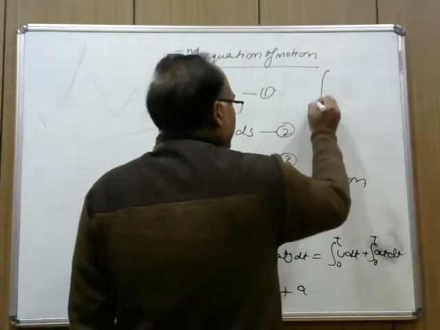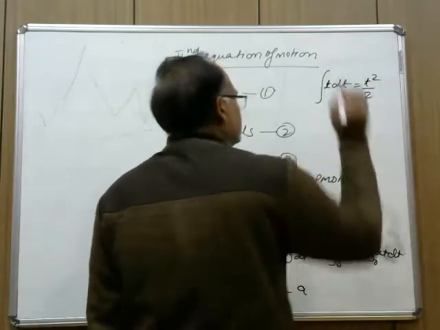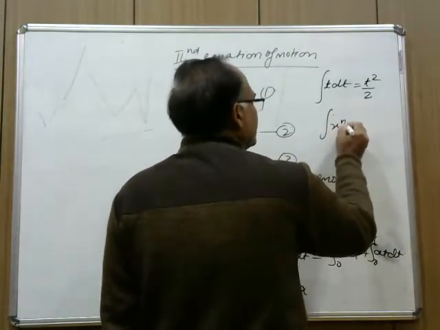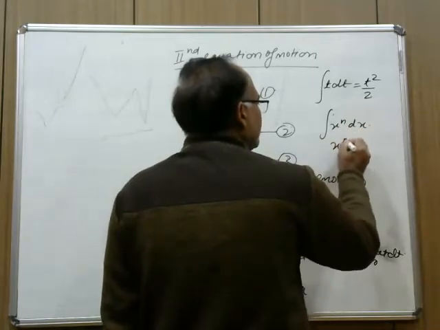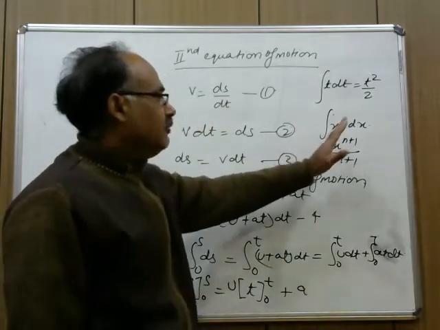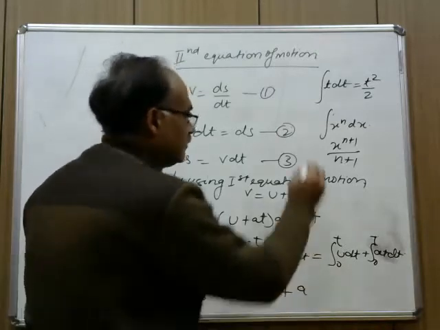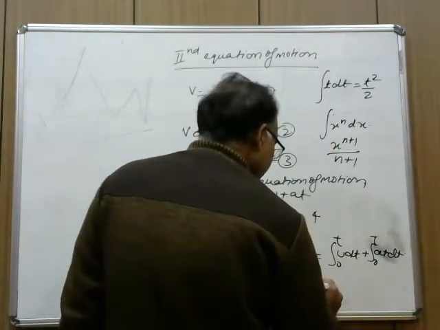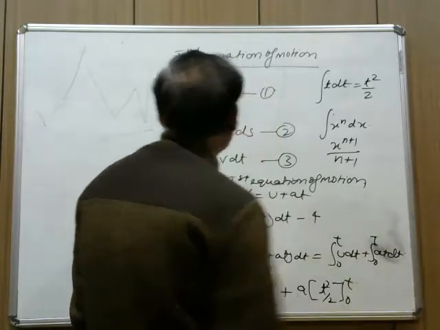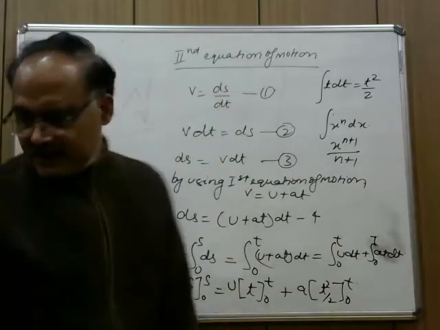Just see here, integration of t dt is equal to t square by 2, by applying the formula, integration of x to the power n dx is equal to x to the power n plus 1 upon n plus 1. So simultaneously I am reviewing and writing the related formulas which are in this derivation. So we can write this is t square by 2, limit 0 to t. Clear? Now we can rough first two lines.